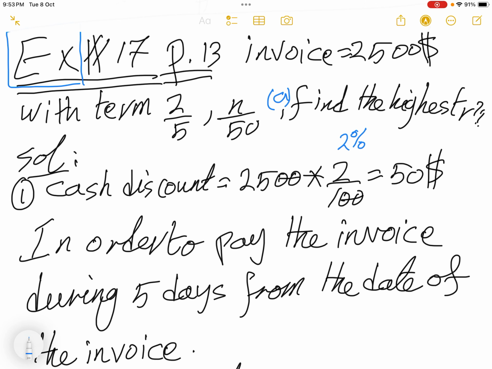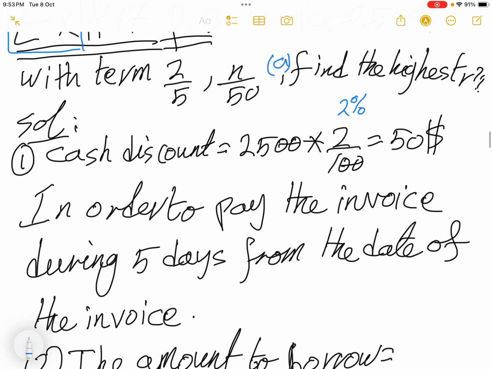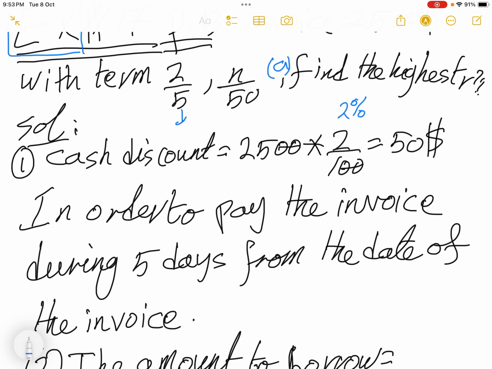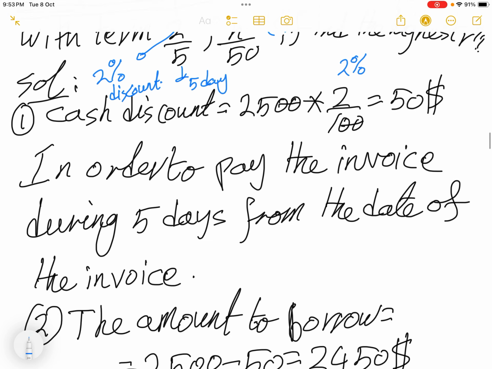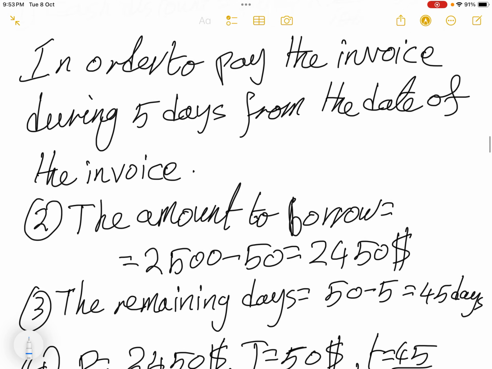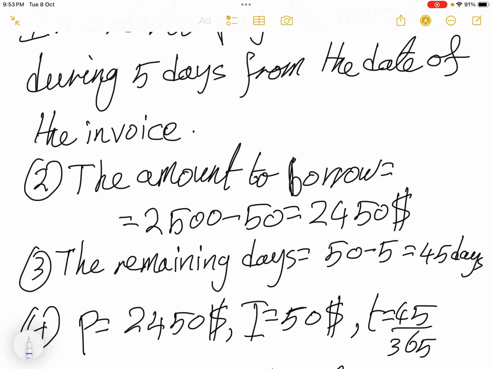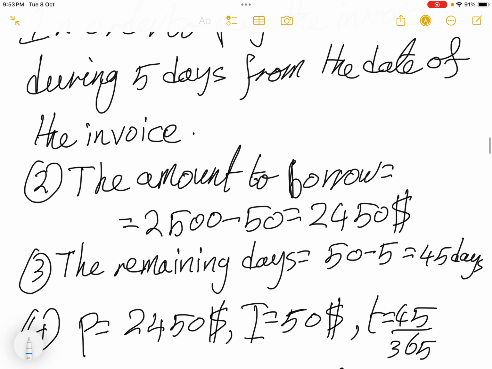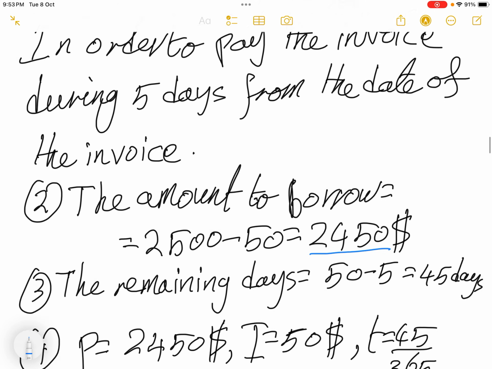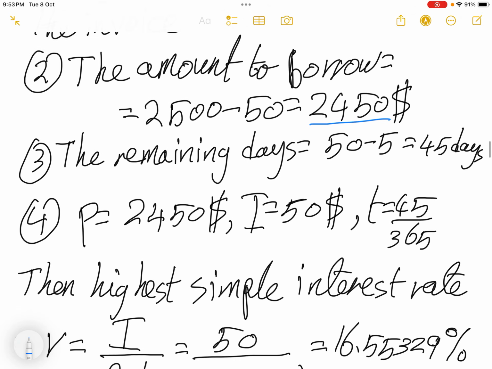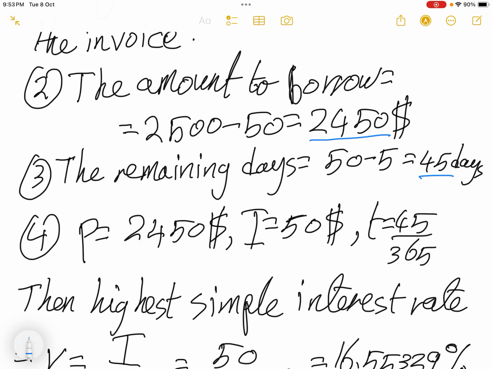In order to pay the invoice within 5 days, this is a 2% discount from the date of the invoice. The amount to be borrowed is 2,500 minus 50, which is 2,450. The remaining days, instead of 50, will be 50 minus 5, which is 45 days.